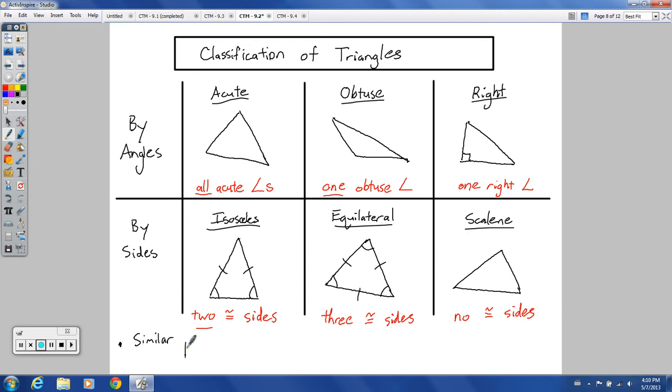Similar polygons, I feel like this one's important enough to define formally in a written out manner here.